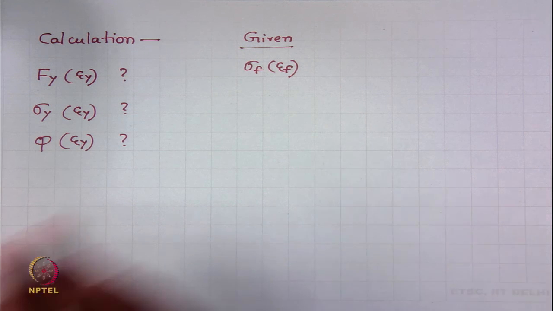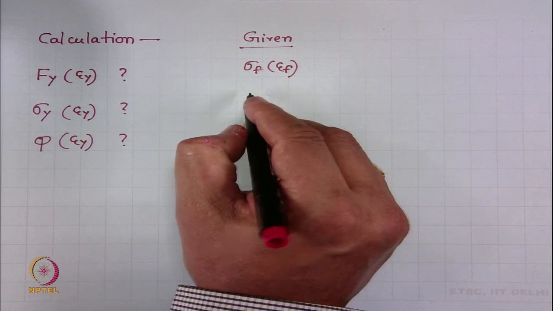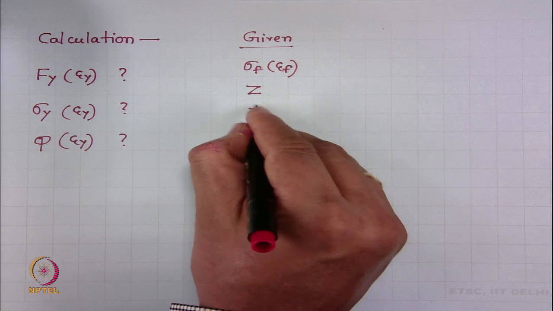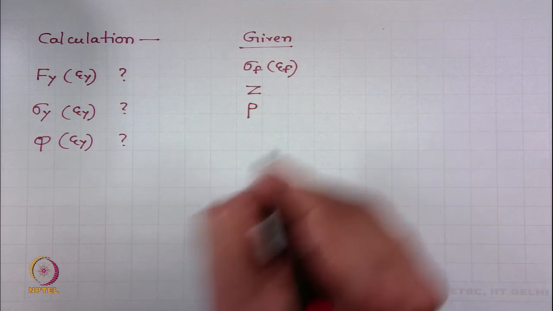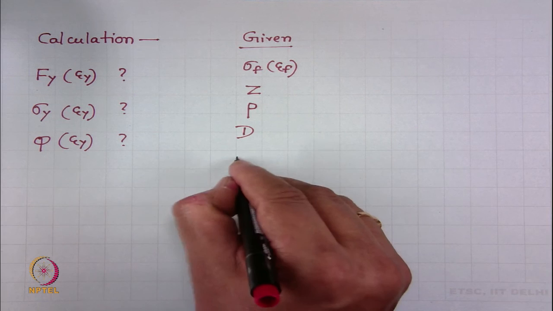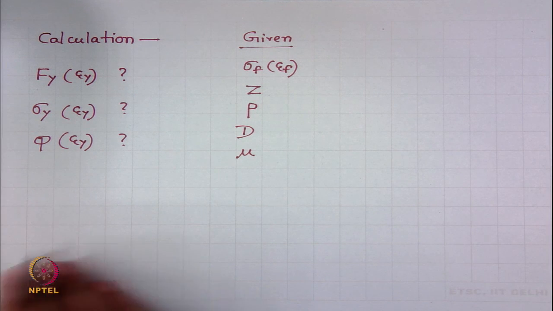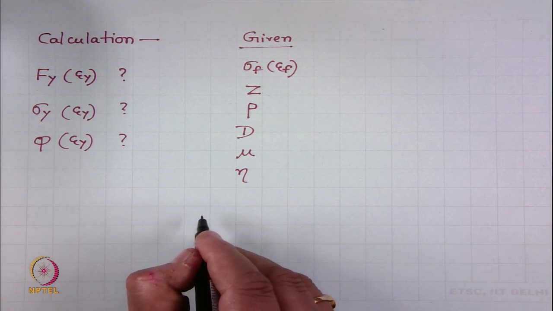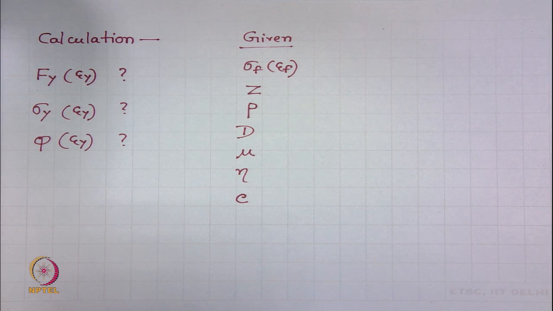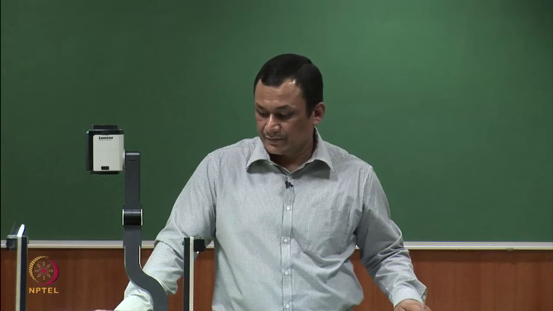Then you must know some parameters: yarn twist, fiber density, yarn diameter, packing density, contraction ratio. C is a measure of anisotropy that we discussed in the theory of fiber orientation.